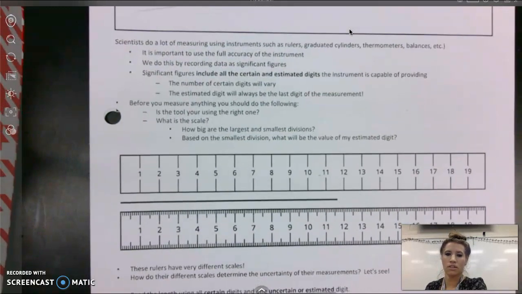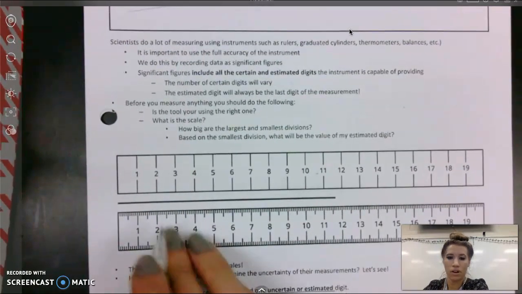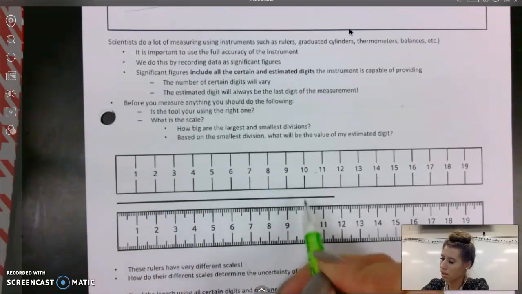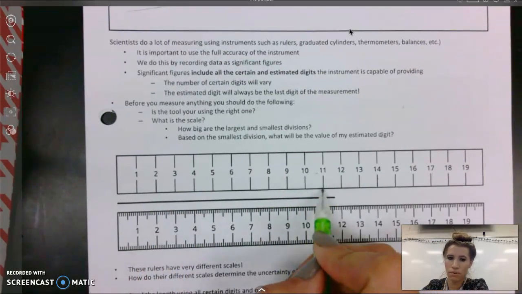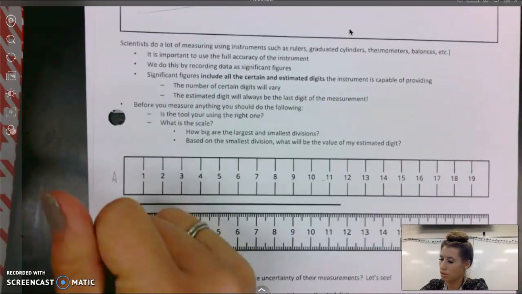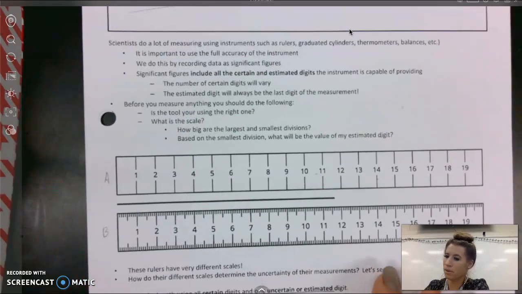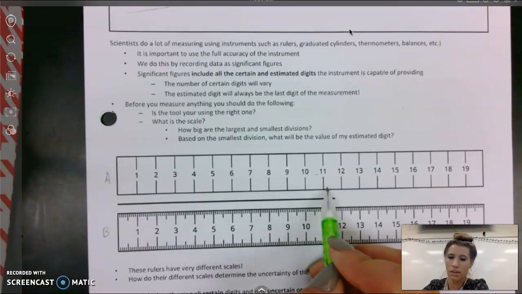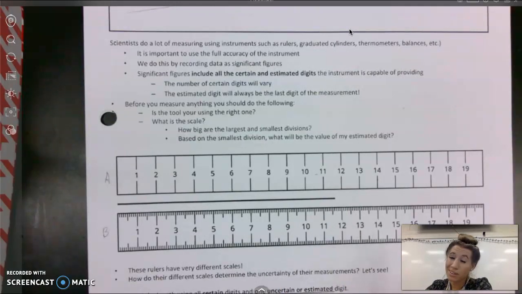Alright, let's look at these rulers now, and we have our object, and we'll say that they are also centimeter rulers. For ruler A and ruler B, we are certain that we are past 11. And now we have to make an estimation in between. Another thing that might be really helpful is analyzing the tool that you're working with.